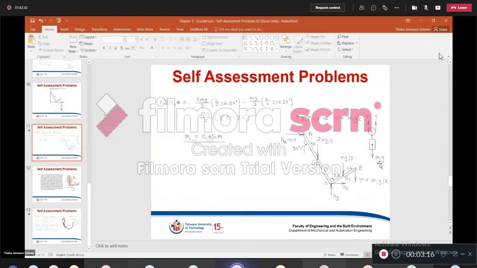So that's how the free body diagram is drawn.